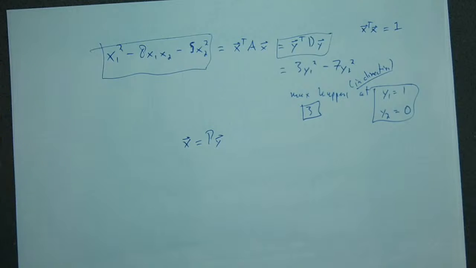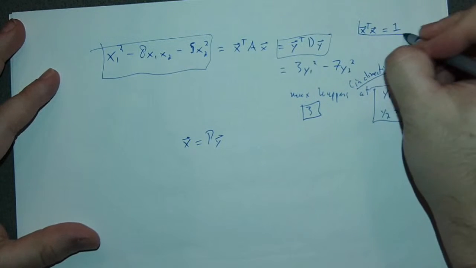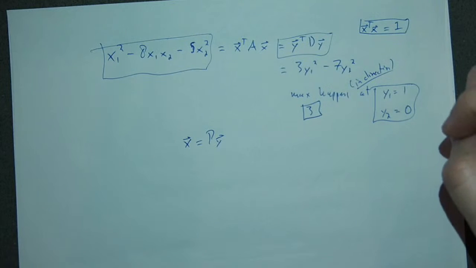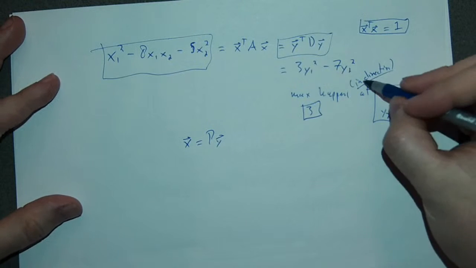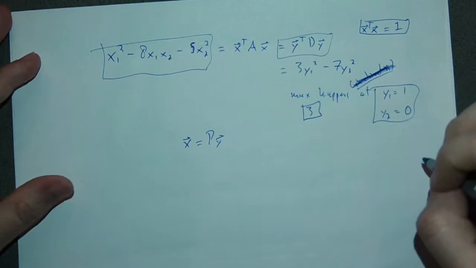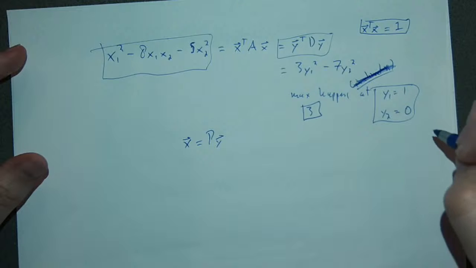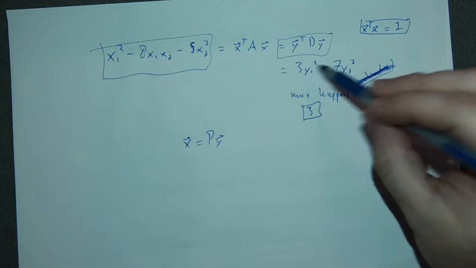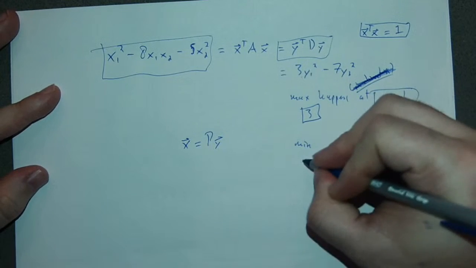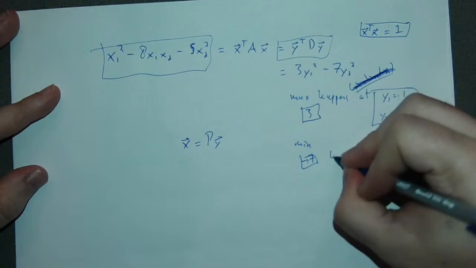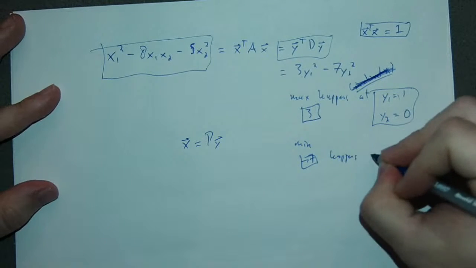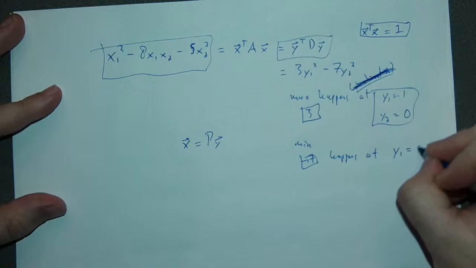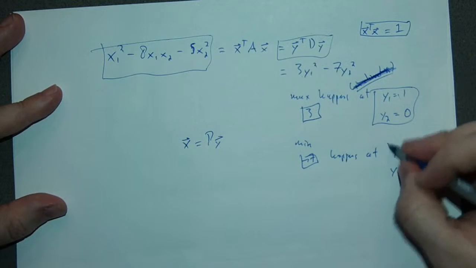If I put this constraint on it that it's a unit vector, then now I can eliminate this direction, and my max happens here, because this is a unit vector. If this is positive at all, I'm going to get this -7 contributing. So max clearly happens here. The min, which is -7, happens at y1 equals 0, y2 equals 1.